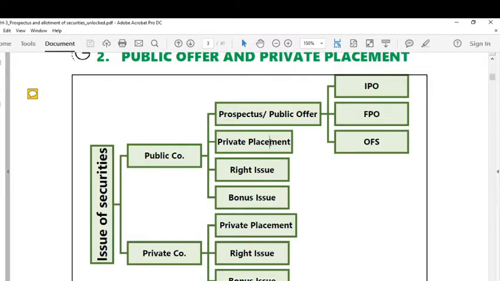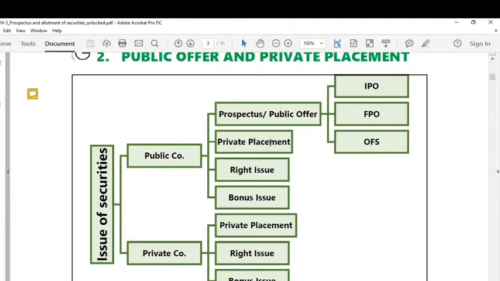This private placement will give a public company the capital needed in the initial stages to commence its operations.